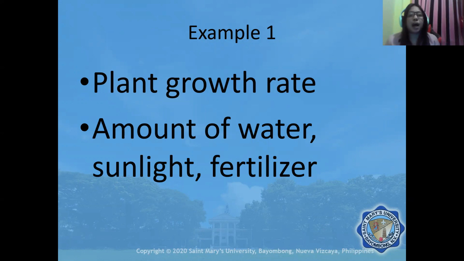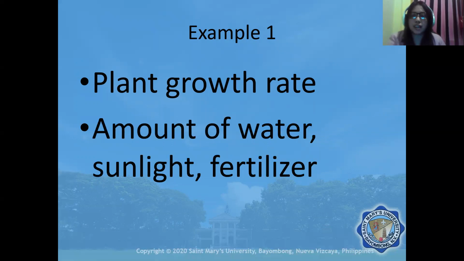If the null hypothesis states that the effect of the different types of fertilizers on the plant is the same, that is actually a biological null hypothesis.